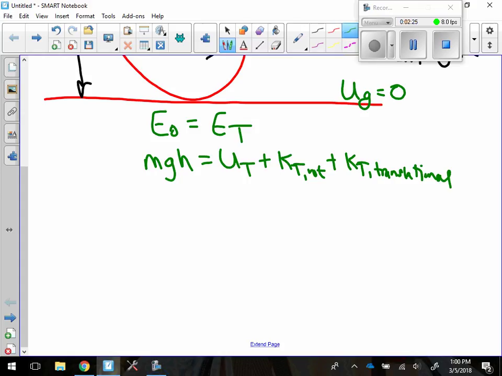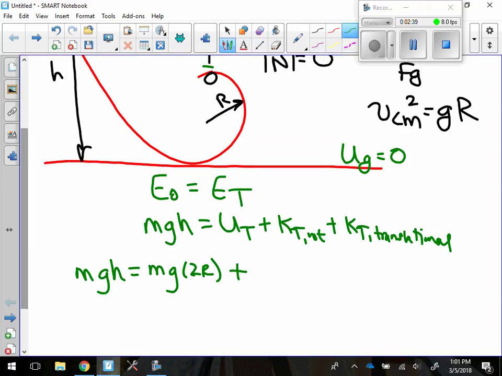Okay? So we had mgh for our initial potential energy. I think we had mg2r for our potential energy at T. I remember asking somebody to justify that, right? Because if the radius of the loop is r, then this distance is going to be 2r. Yes? We were there? Okay.